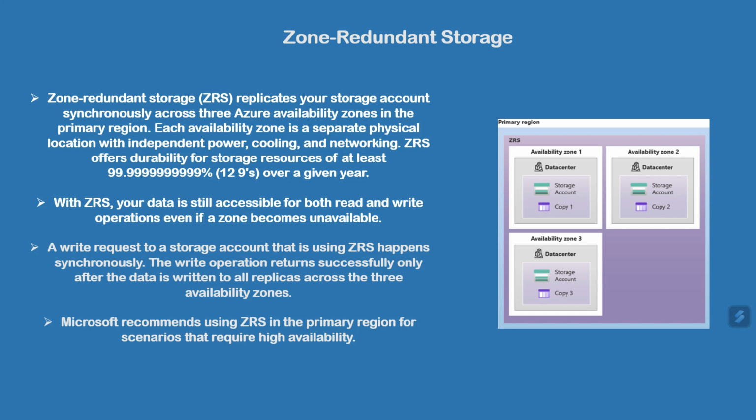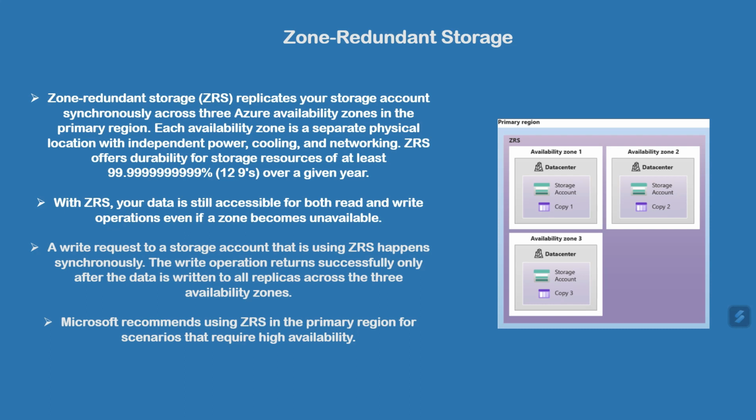Each availability zone is a separate physical location with independent power, cooling, and networking, and it offers durability of at least 12 nines over a given year. So if you recall, LRS offered 11 nines. So it's somewhat more durable.